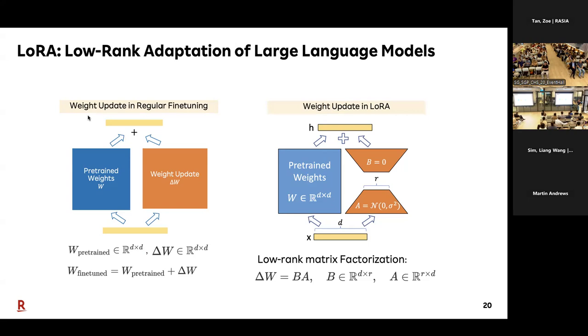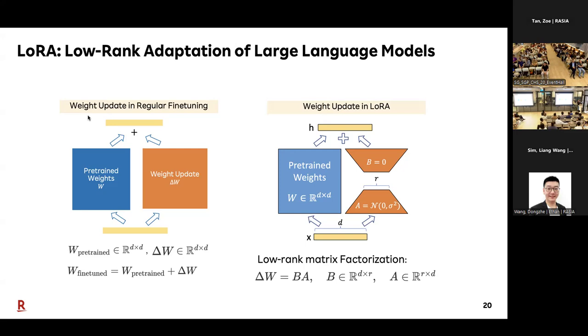Here the trainable weights is actually this delta W. Given the pre-trained W has the dimension of D by D, then your delta W has D by D as well. So basically your final fine-tuned model will sum the pre-trained weights plus delta weights. Okay, and in terms of computational complexity, you have quadratic, or in this case, D squared complexity.